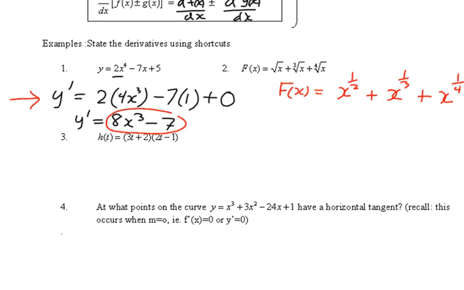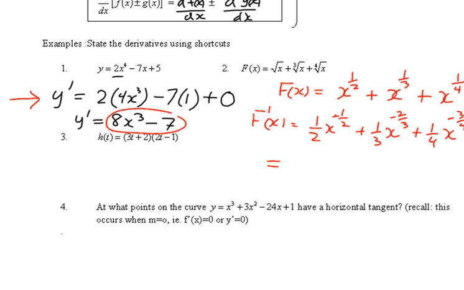So we can do the derivative using the exponents. So f prime of x would be 1/2 x to the negative 1/2, plus 1/3 x to the negative 2/3, plus 1/4 x to the negative 3/4.